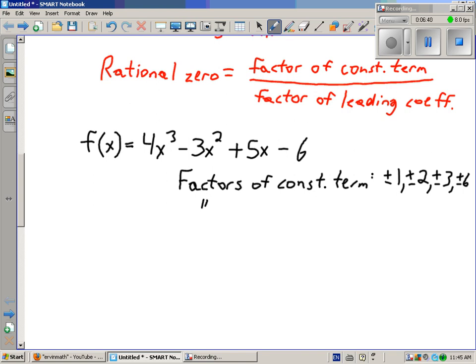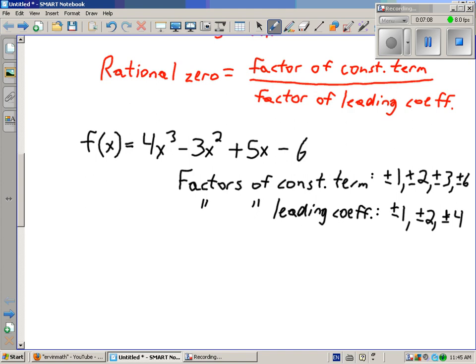Likewise, if we do the factors of our leading coefficient, we have our 4 as our leading coefficient. We could have plus or minus 1. We could have plus or minus 2 and plus or minus 4.